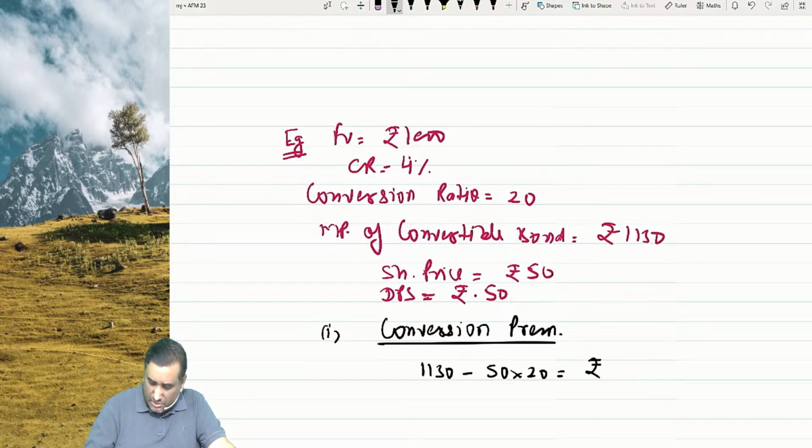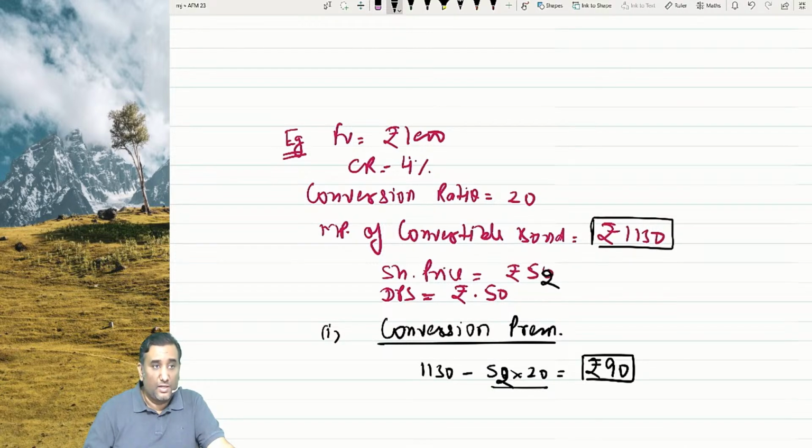You can put it as 2 into 20. How much do you get? 90. It means to buy this bond, if you get the shares, you get shares worth only 52 into 20, and this bond is asking you extra how much?